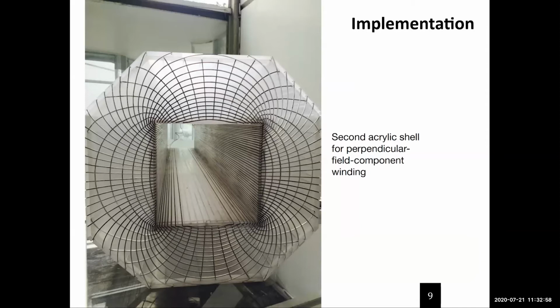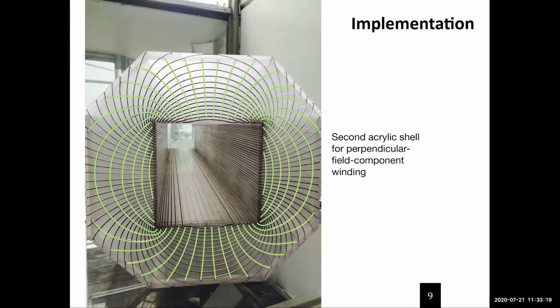So after we had finished winding the first coil, we added a second layer and have the winding for the perpendicular component. And this is a picture where you can actually see the two layers of winding. You can see the bottom layer, since the acrylic is transparent, you can see the layer that is underneath.